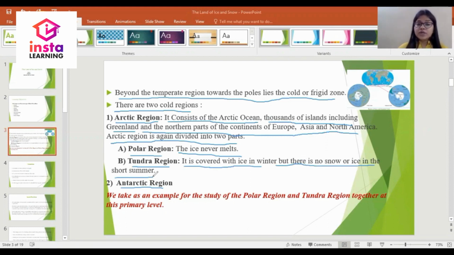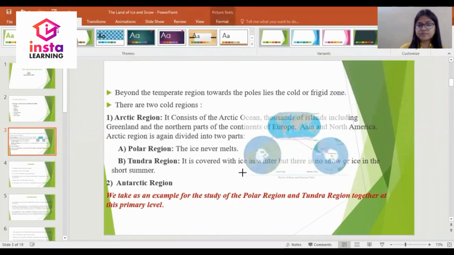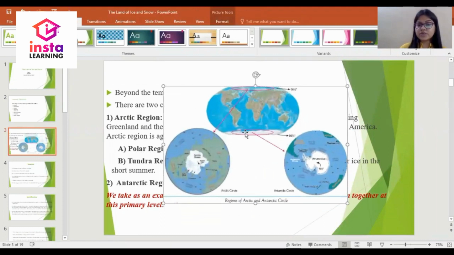Dear student, here we take an example for the study of polar region and tundra region together at this primary level. As I am also highlighting this picture, this is the region of the Arctic and Antarctic circle.